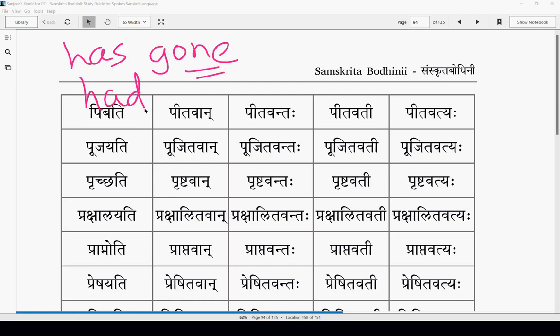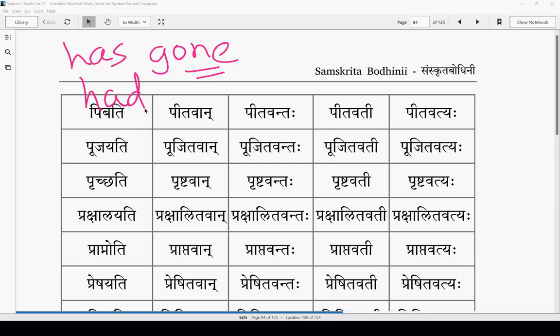Similarly here with Pitavan, all three are possible. He has gone means present perfect. Then he had gone, past perfect. He will be gone, future perfect. I'm not sure about this English grammar, but I think the meaning is there, right?